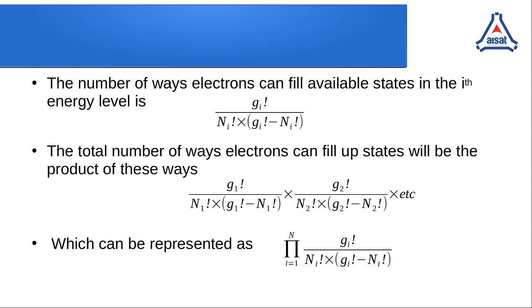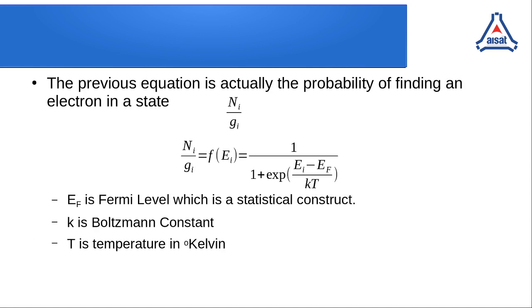Pi with i varying from 1 to n, Gi factorial divided by Ni factorial into Gi factorial minus Ni factorial. So this is the total number of ways electrons can fill up states in the entire material.